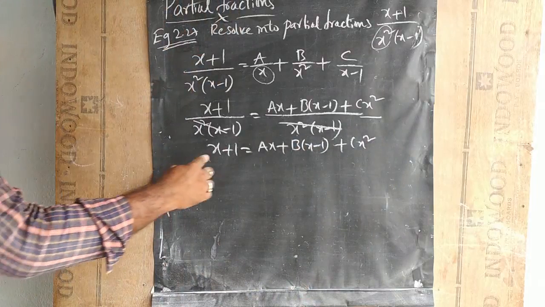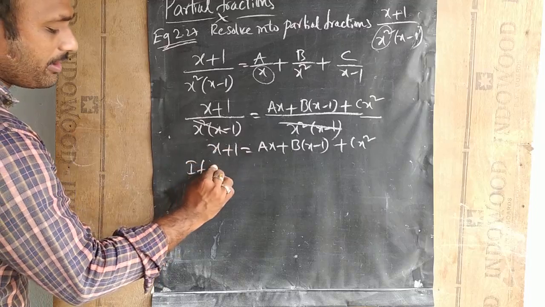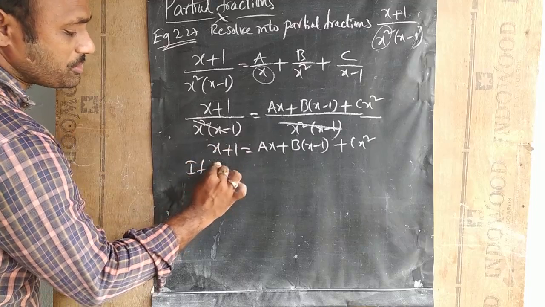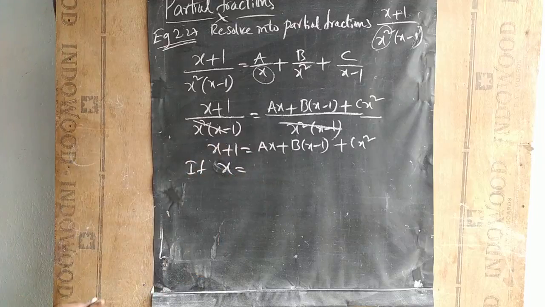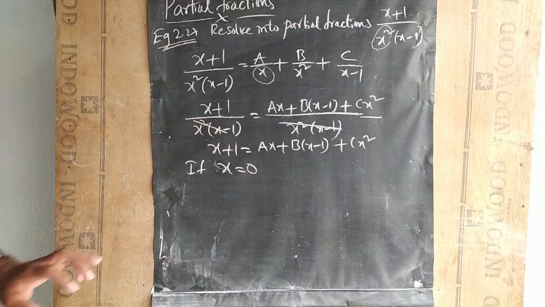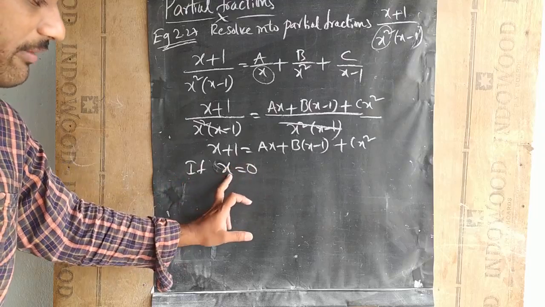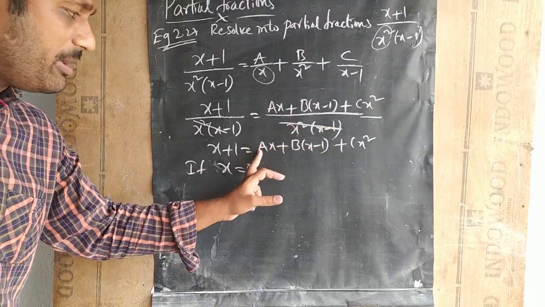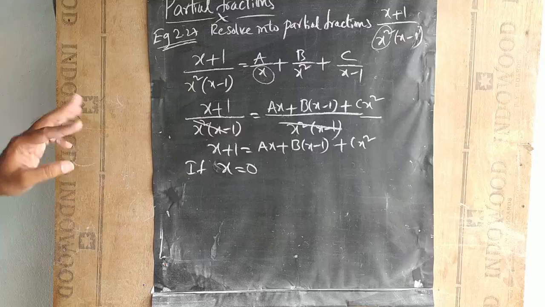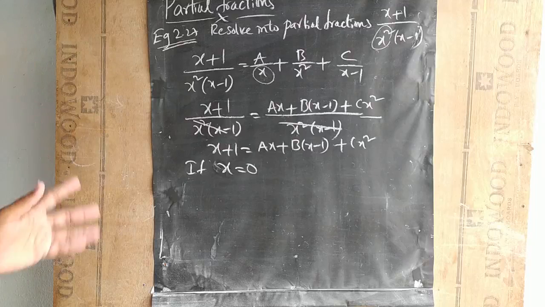Now we will eliminate one by one. We have to substitute x values. Here how many variables are there? A, B, C, 3 are there. At least 2 should become 0, so we have to substitute the value like that.